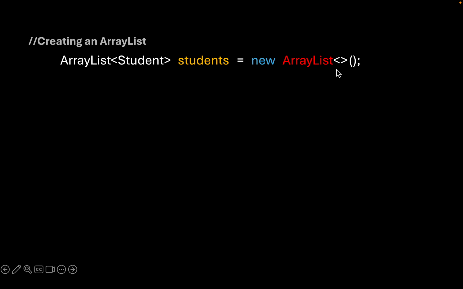So that's how you create it. ArrayList, then you decide greater than, less than, the object type of class you will be using in your ArrayList. Then you give the ArrayList a name, the new, and then the constructor of the ArrayList. So now we have a storage called students.